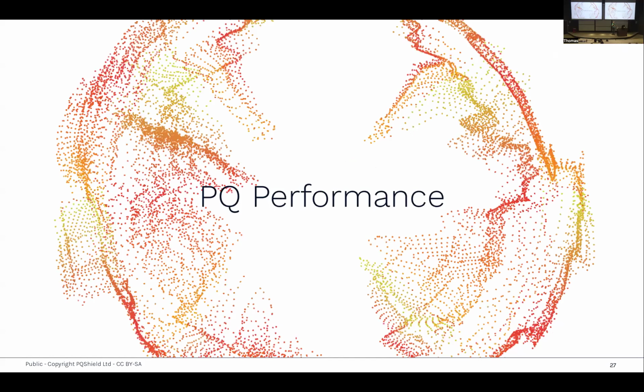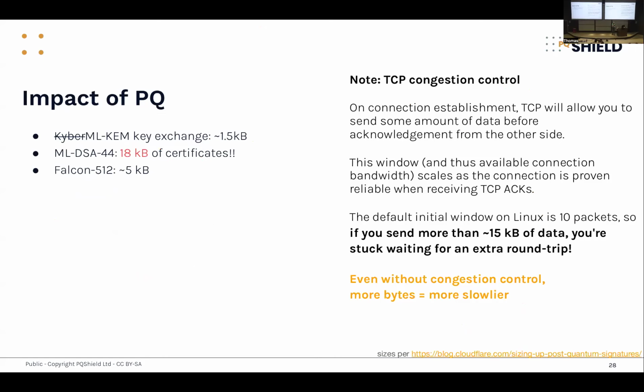That leads me into what this would look like in the post-quantum setting in terms of performance, the really practical stuff. If we just add post-quantum key exchange, using the smallest parameters, you're looking at 1.5 kilobytes of extra data. That's not too terrible. There's also not really a way around that.